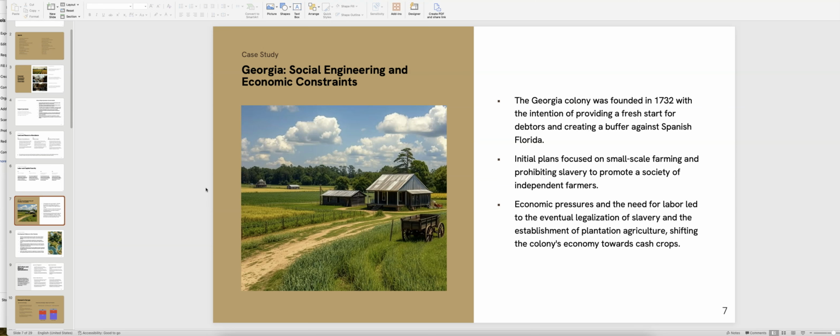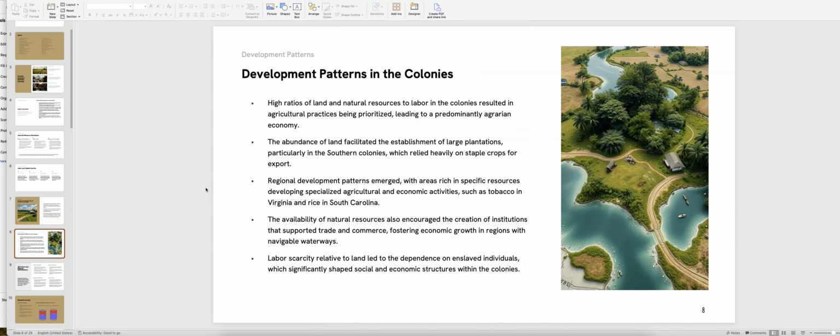And despite what those social engineering goals were, the economic constraints didn't make it work. And eventually, you have to just go to slavery and focus on the crops that the other southern colonies are using.